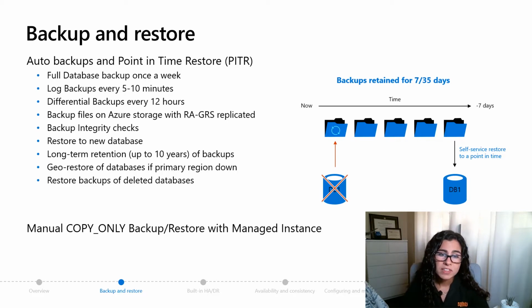With RA-GRS, in the case that a whole region goes down, let's say something crazy happens and the whole East US goes down, because you have backups in a paired region, like West US in this example, you can do a geo-restore and you don't have to configure anything to get this. So that's very interesting. Additionally, I wanted to call out that you can do a copy-only backup restore with managed instance.